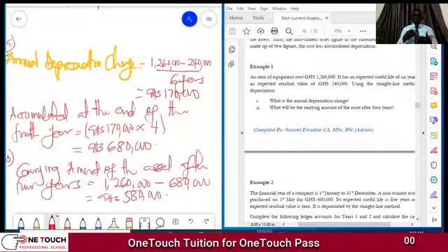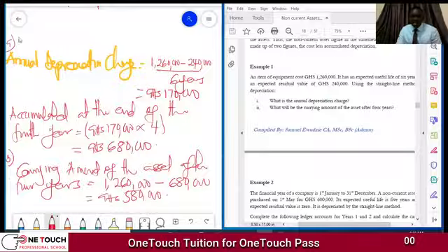So once we know our annual charge is 170, every year it will be 170, so times 4 gives us the accumulated depreciation at the end of the 4th year. Then we take the accumulated depreciation at the end of the 4th year from the total cost of the asset, and that gives us the carrying value at the end of the 4th year.